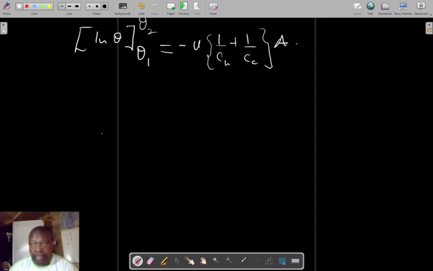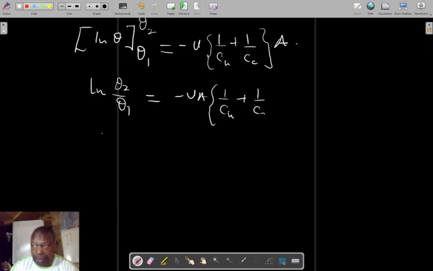So this boils down to ln of theta 2 divided by theta 1 is equal to minus UA times 1 over CH plus 1 over CC.